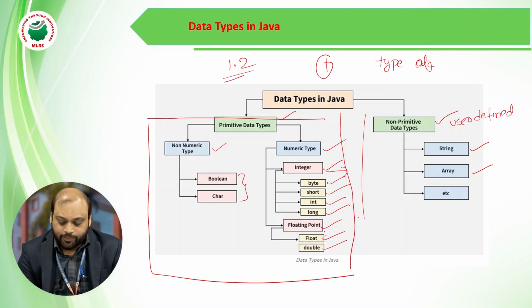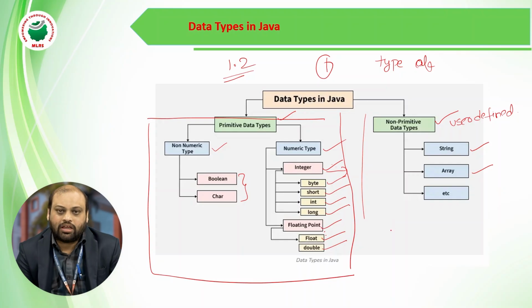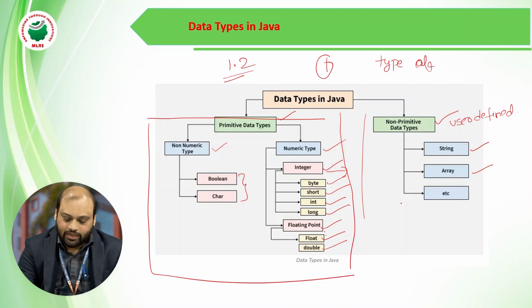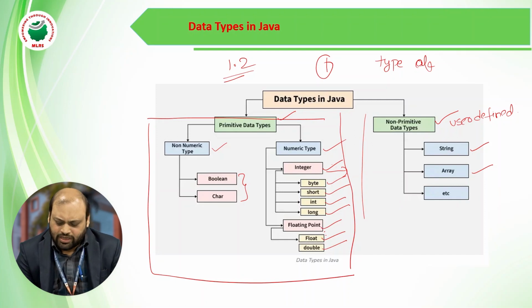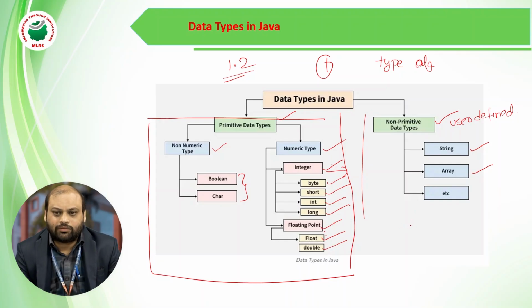In this lecture we are going to see the size, the default value, and the keywords to declare an integer variable, byte, float, boolean, character. It is very simple but important, because without data we are not supposed to do anything.